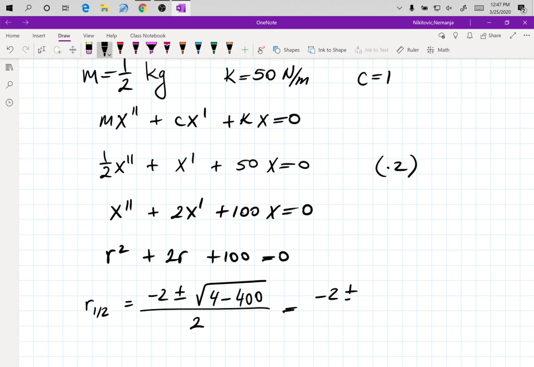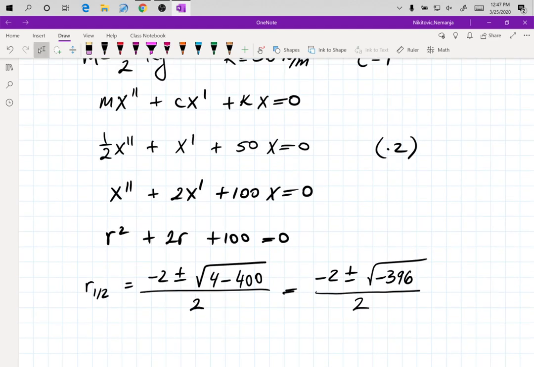It's negative 2 plus minus square root of negative 396, divided by 2. I can factor out 4, so I can cancel these 2's. I could have factored more.